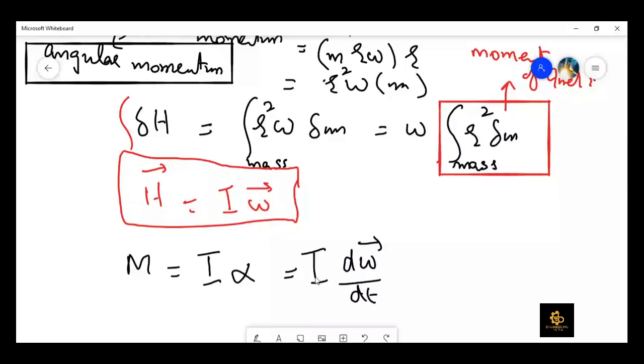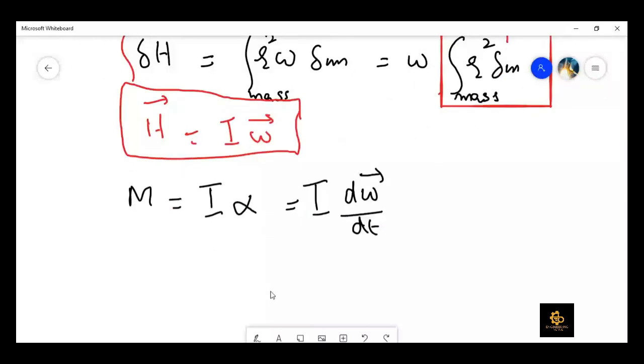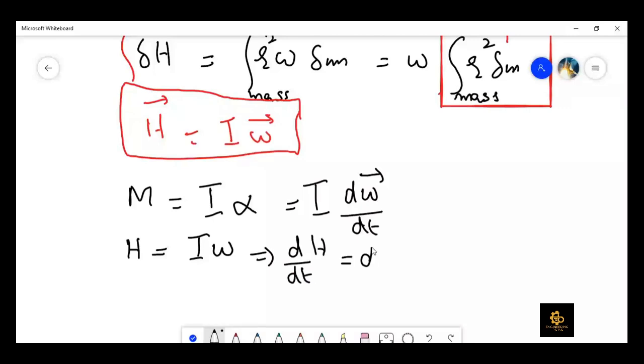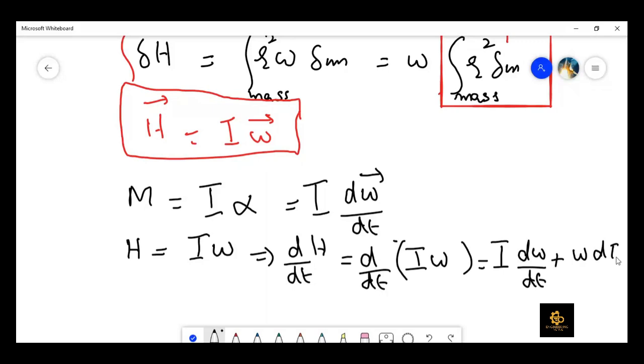Now I would do a little bit of mathematical manipulation here, because we know that h, which is angular momentum, is I omega, right? If I take the differential with time on both sides, I can write d by dt of h would be equal to d by dt of I into omega. This is a differentiation of a product. It can be written like I into d omega by dt plus omega into dI by dt.